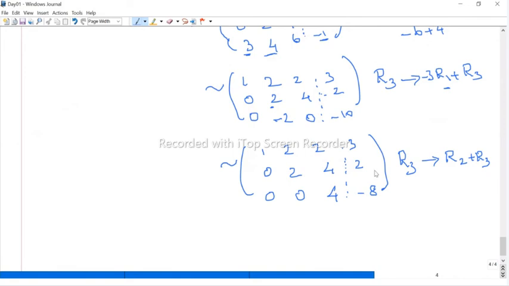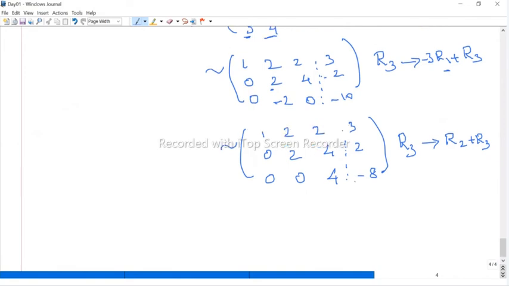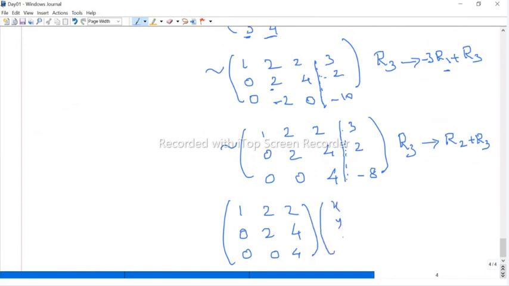Now we try to eliminate all the terms. So actually what is the meaning of this final matrix? We have a matrix 1 2 2, 0 2 4, 0 0 4, the new system, times x y z equal to 3 2 minus 8.